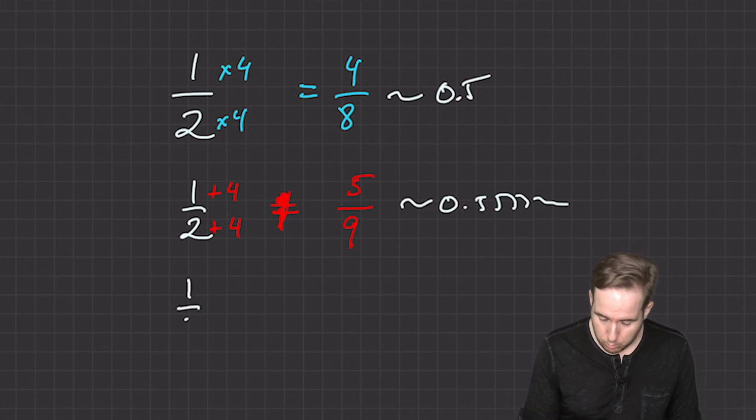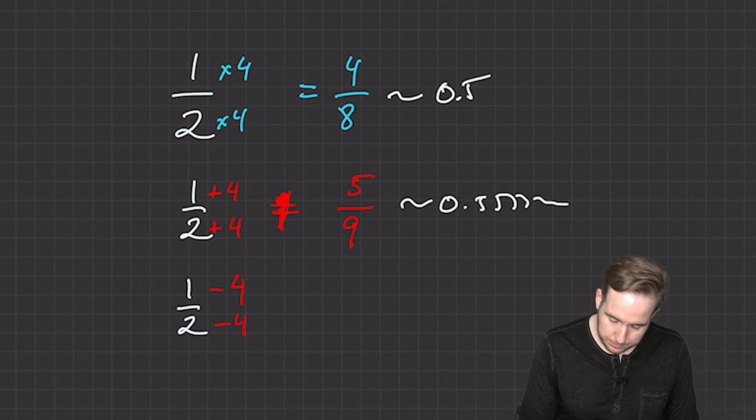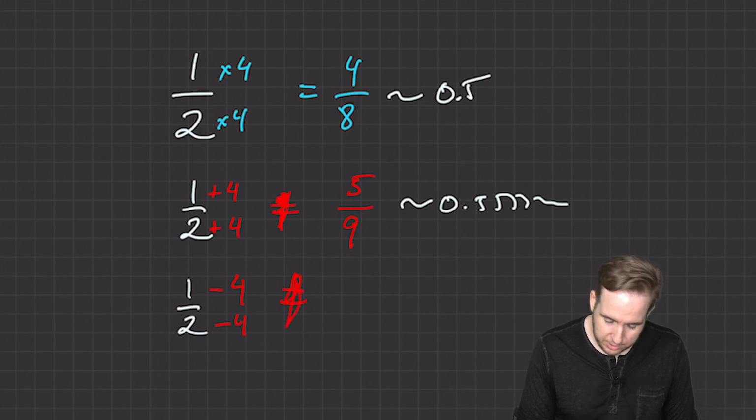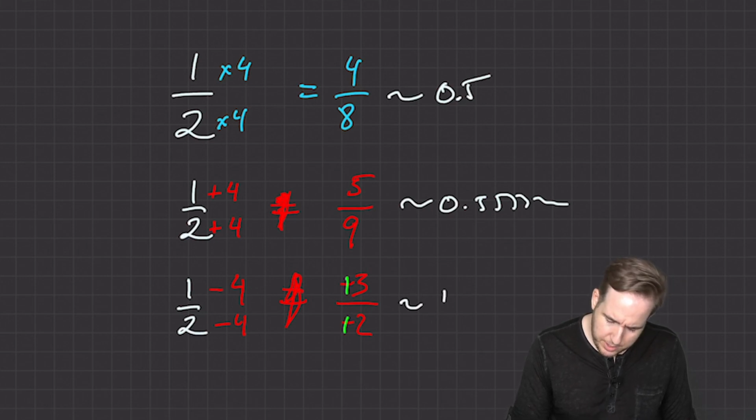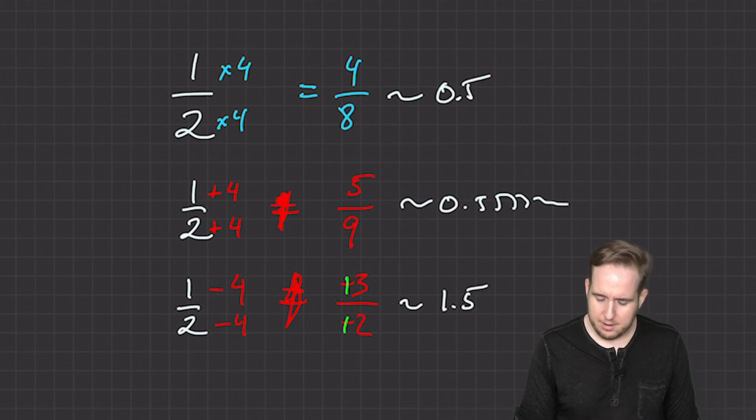So if I were to do 1 over 2, and still in red because this is not a rule, minus 4 minus 4, then this would, not equal because it's not a rule, 1 minus 4 is -3, 2 minus 4 is -2. These minuses would cancel out, except 3 divided by 2 is 1.5.